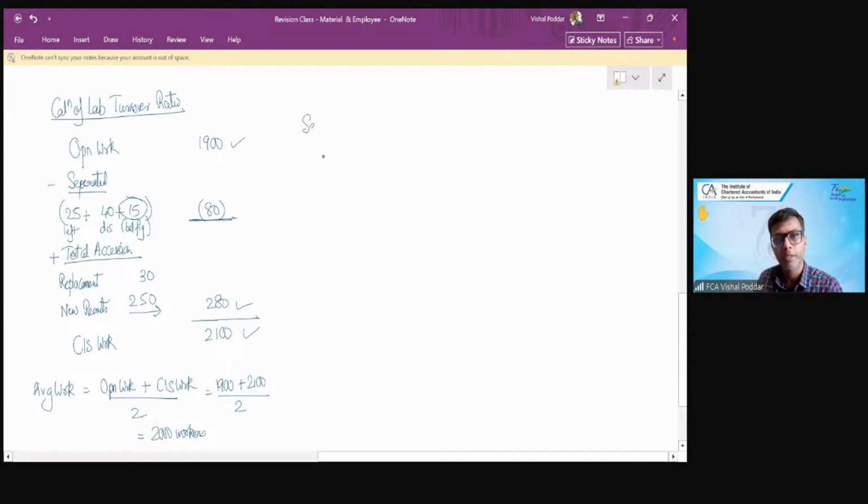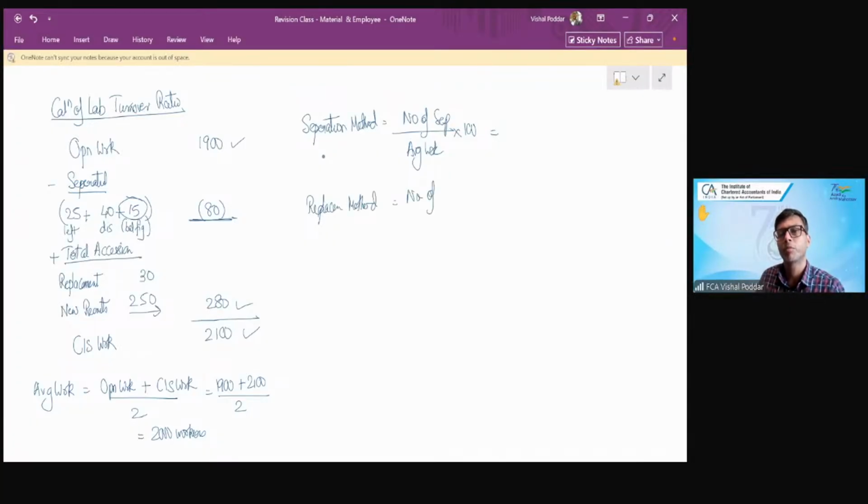Now, once you have done all this preparatory part, you can start calculating the ratios. First is the separation method. The formula is number of workers separated upon average into 100. Then replacement: number of workers who are replaced upon average workers into 100. Then flux.